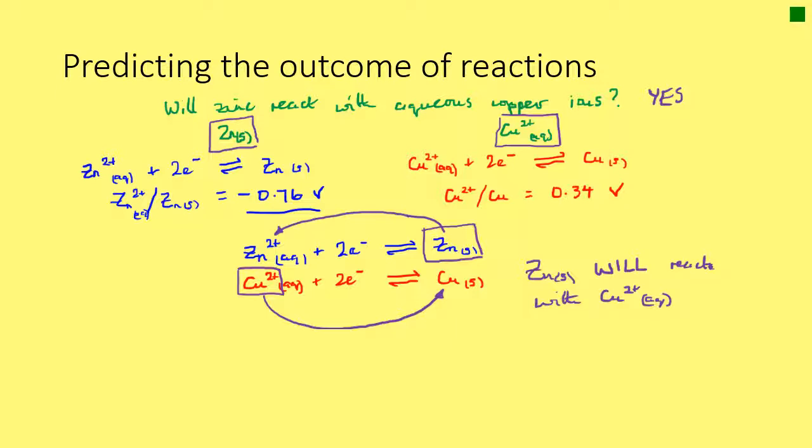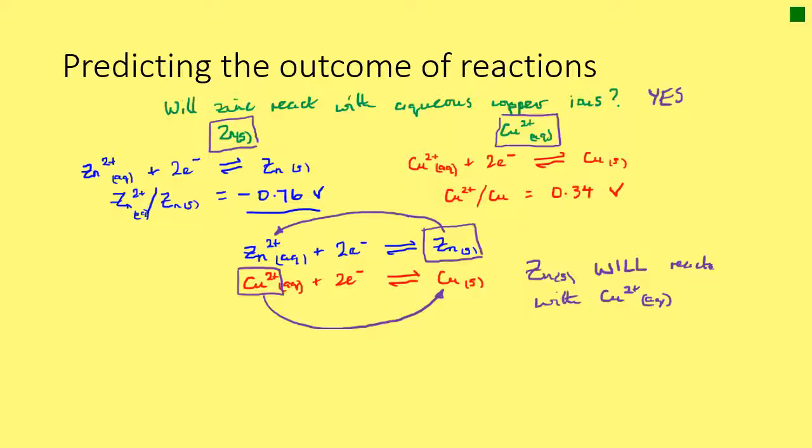Then we refer back to the question. What I've drawn in the boxes is what would react when these two half equations are put together. In the question we've been asked about zinc solid. Does that react with copper ions, which I've put in the squares there?